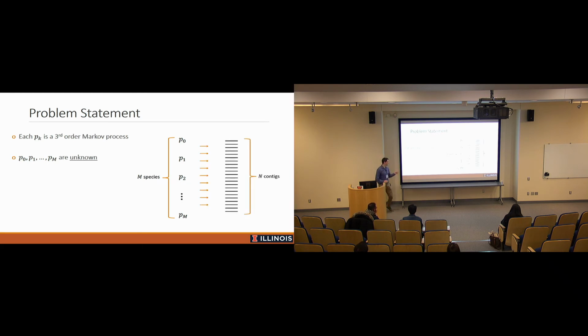The M species generate n contigs, where each contig has an equal likelihood of having been generated by any given species. We want to know the following question: when can we perfectly bin all contigs as the number of contigs n goes to infinity?